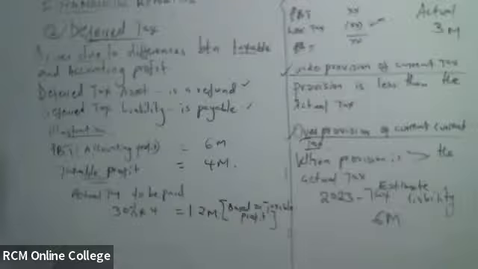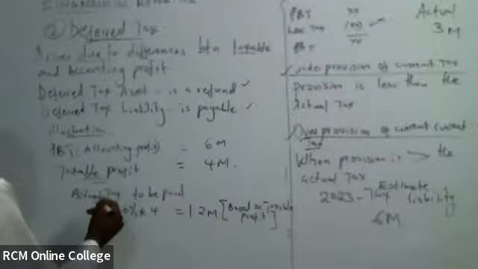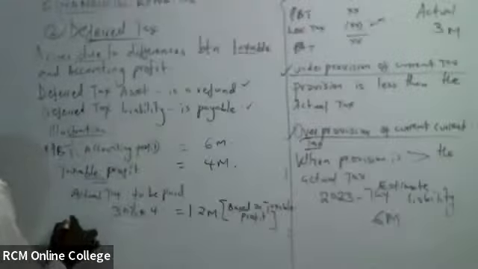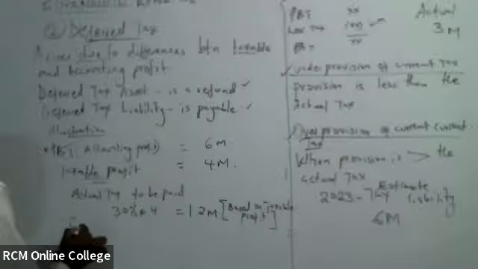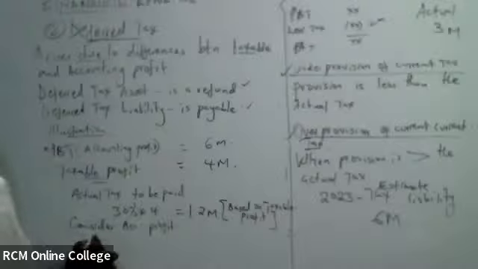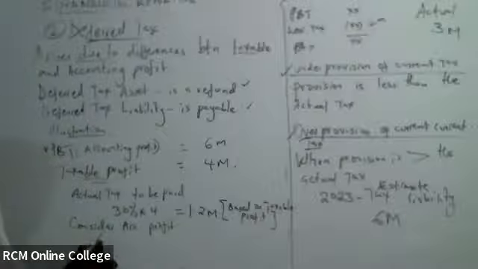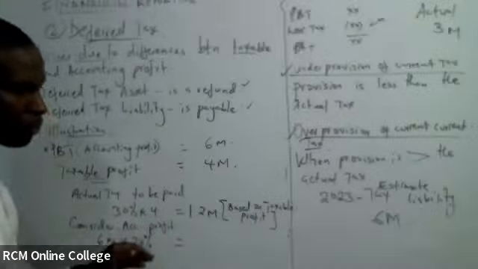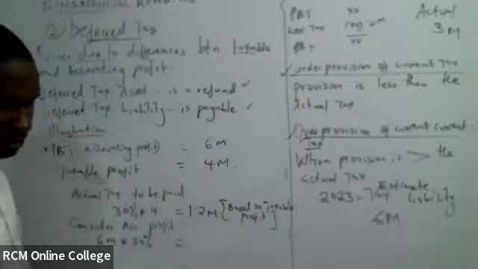Now after that, what about the actual tax to be paid, the tax that was to be paid if I consider the accounting profit? It would be 30% of 6 million.